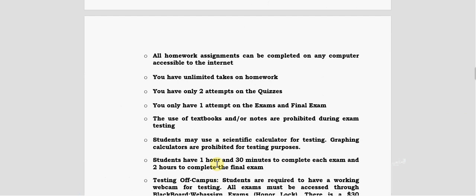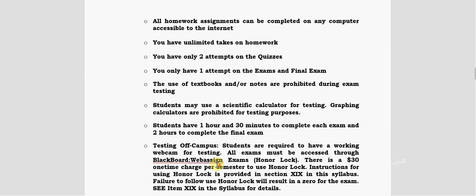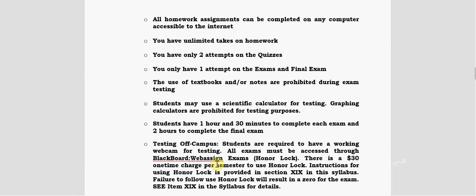And the students who are testing at home, those exams are timed. The students who test in the testing center, those exams are not timed. Testing off campus, I have some instructions in the syllabus, but students are required to have a working webcam for testing, obviously, because you would have to record yourself using your webcam.